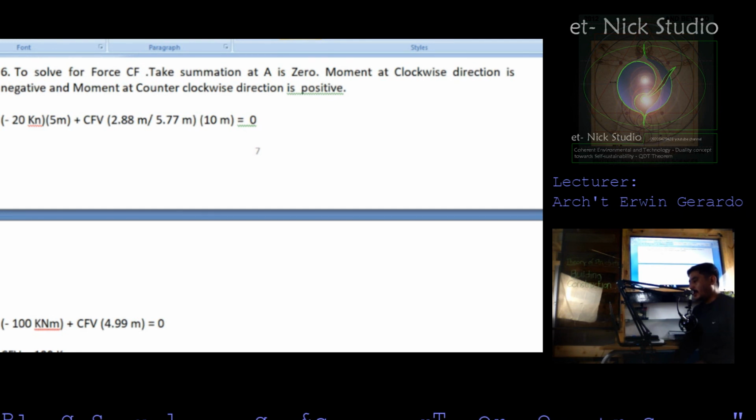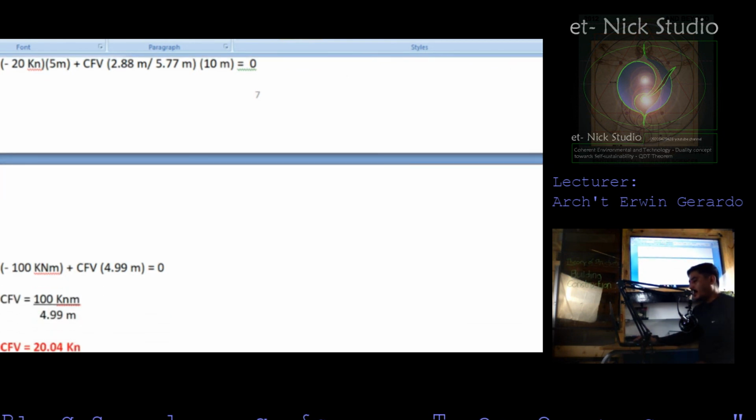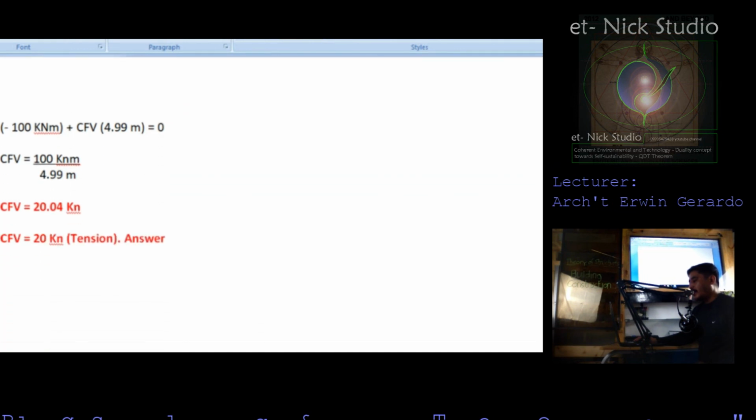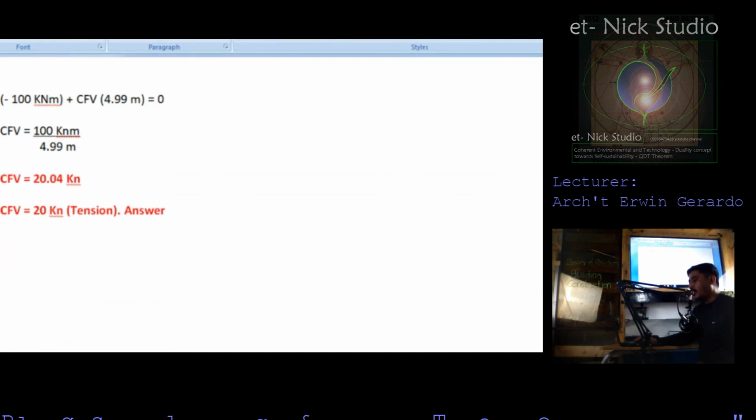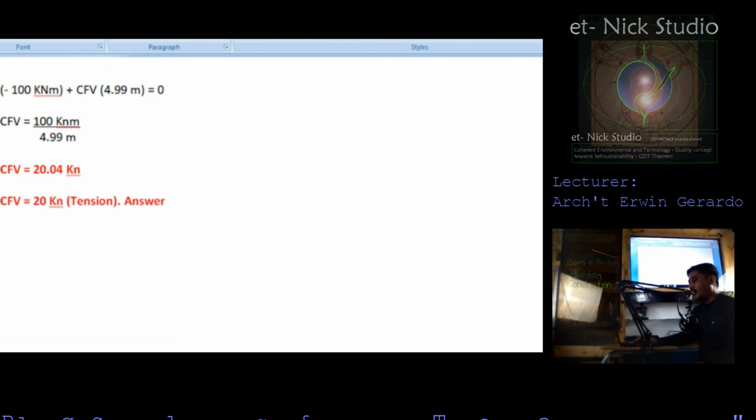So therefore, we have negative 100 kilonewton meter plus CF is 4.99 meters equals 0. CF vertical therefore is equivalent to 20.4 kilonewton. So therefore, CF vertical is 20 kilonewton. This is our answer.